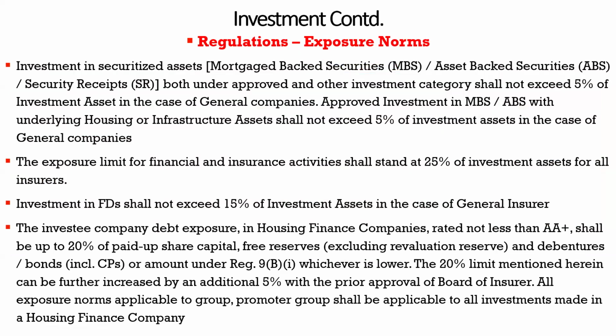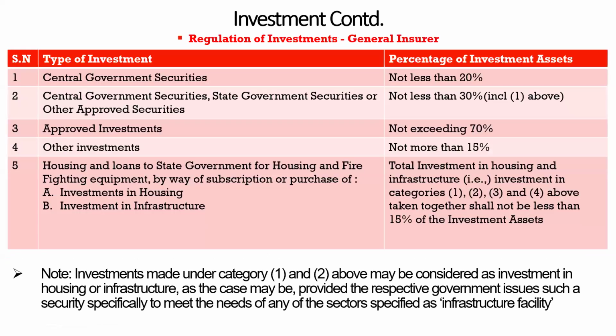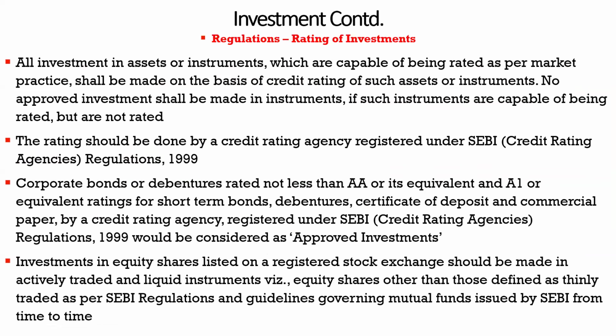Now, investment in secured assets, mortgage-backed assets or asset-backed securities, security receipts, both under approved and other investment category, shall not exceed 5%. So that limit is for approved and other investments. I'll just come again. This limit is for the category of investment. Then these are the further regulations for the rating.